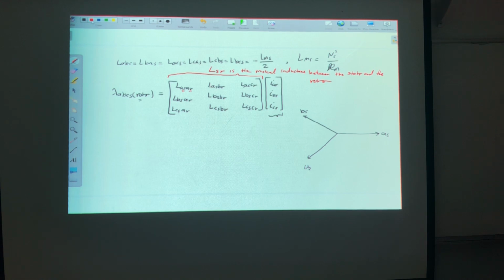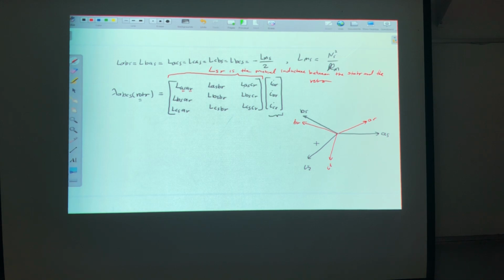And I will plot the R axis, so this is the AR. Not the same angle, of course, it must be the same, almost. This will be the BR, and this will be the CR.